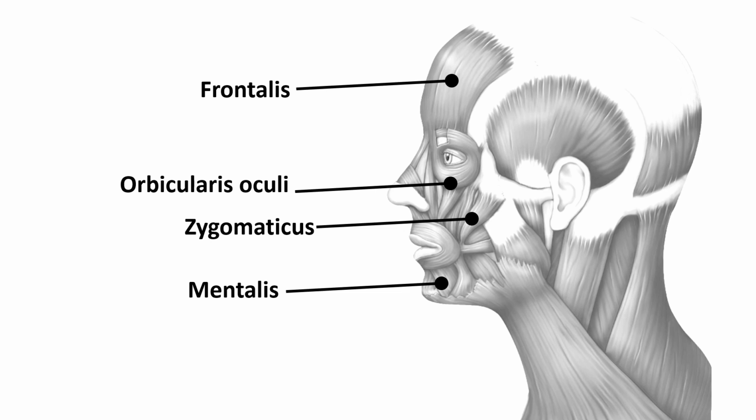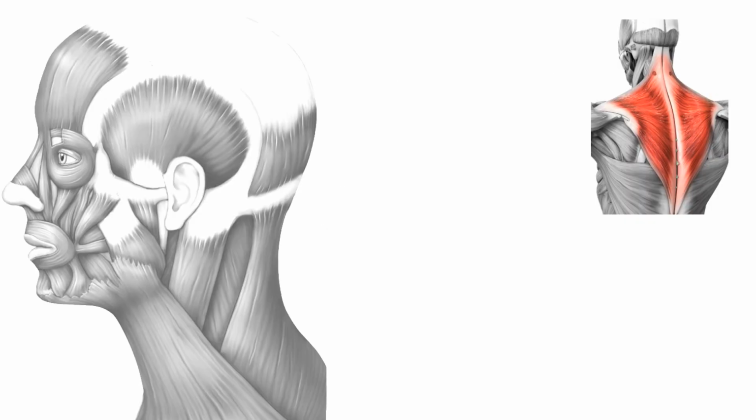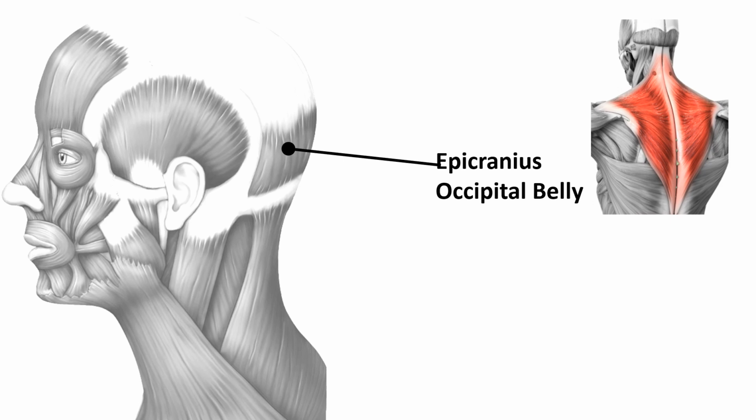Maybe you can guess what the belly at the back is called. Yes, it's called the occipital belly or the occipitalis. I have it labeled here with the alternate name, and again, the muscle is named for the bone that it covers, at least here on the head.